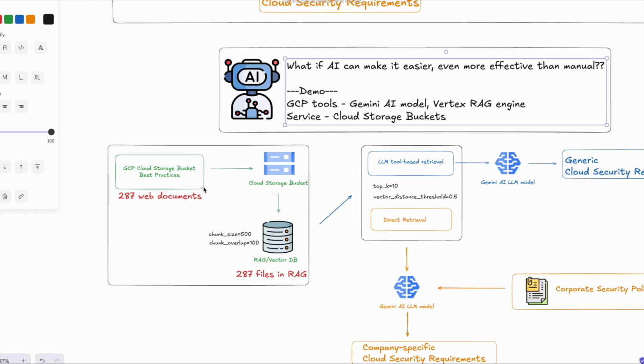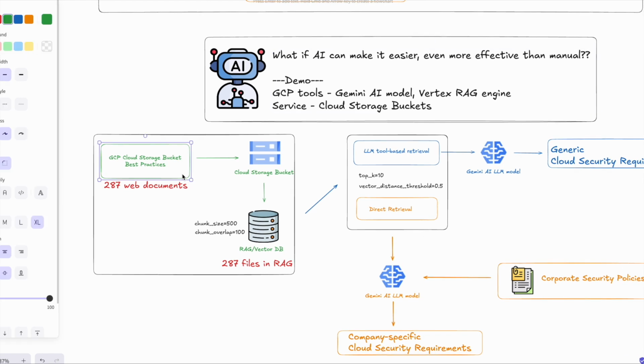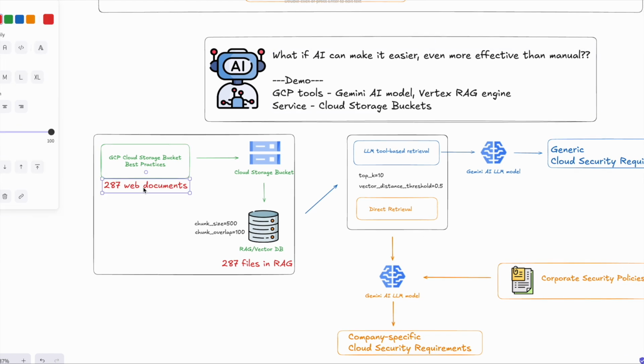We took the example of Google Cloud Storage buckets, and we downloaded 287 documents for configuring these buckets from the internet, and we created a RAG, or Retrieval Augmented Generation, database or vector DB from those documents.